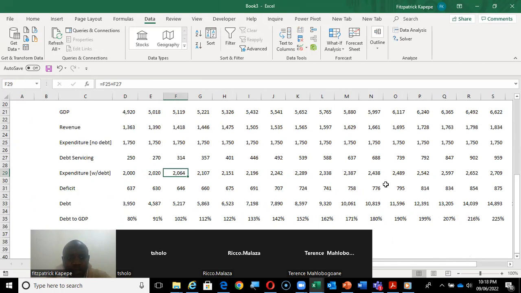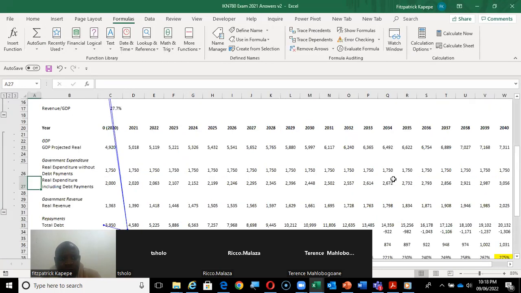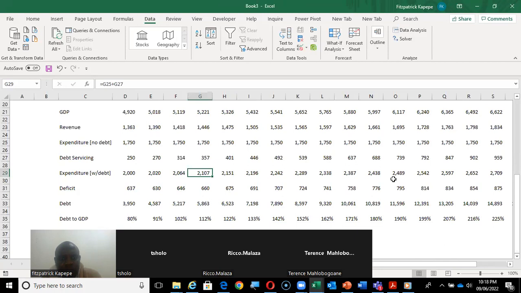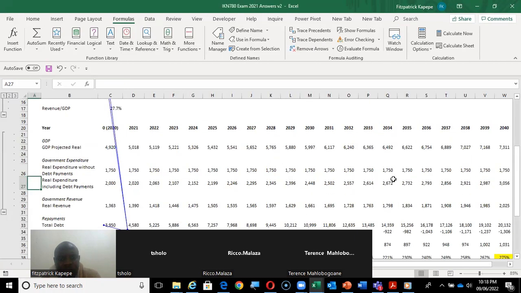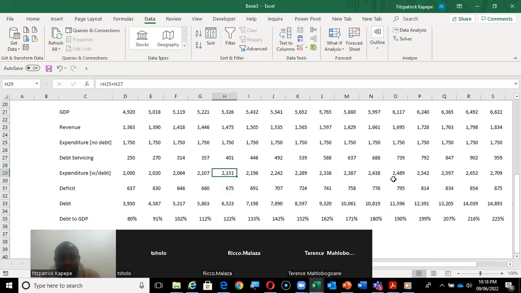Then in 2021, the differences, they start from where? Here it is 2063, there 2064. Okay, those are just the decimals, isn't it? Yeah. And then 2107, and then 2152. Okay, 2151 is just decimals and whatever may change the differences.